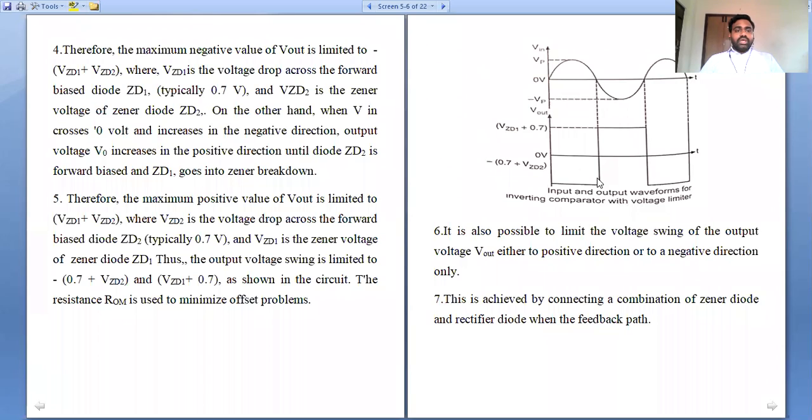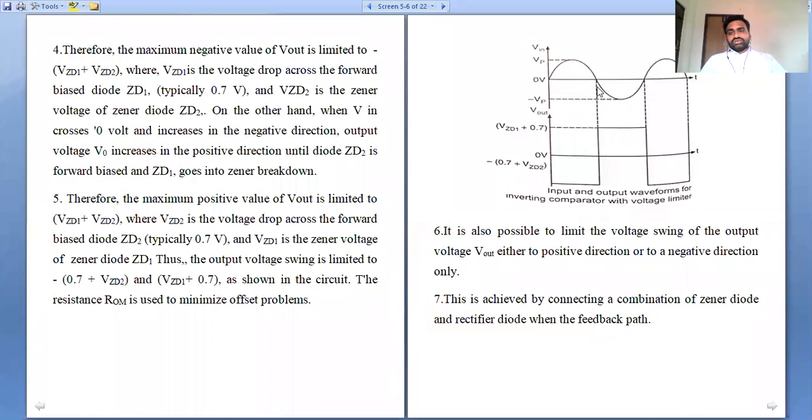At this condition, after the first condition occurred, at the second instance, at the instant of zero, here again the input voltage is increasing towards the negative direction. At that condition, the behavior of Vo is in the positive direction.